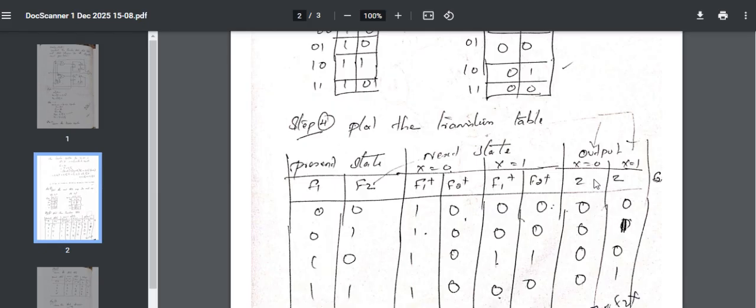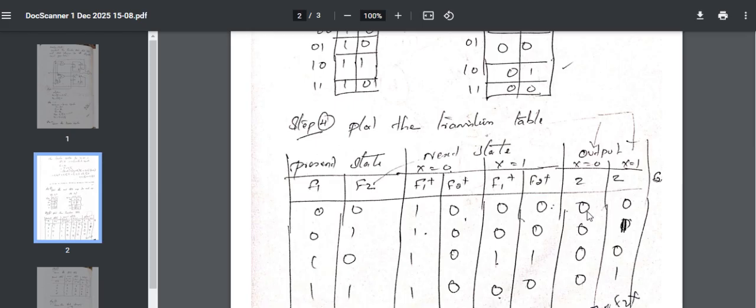Now coming to the output, x equal to 0 and x equal to 1. So the equation for output is nothing but z equal to F2 x. Here F2 is the present state and x is the input.